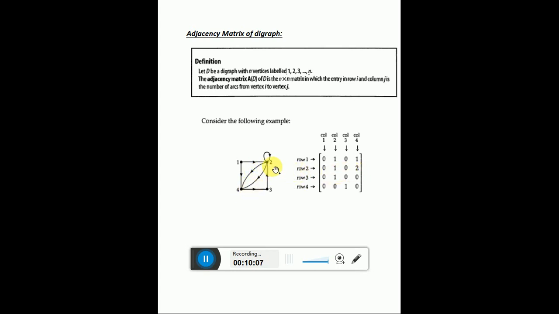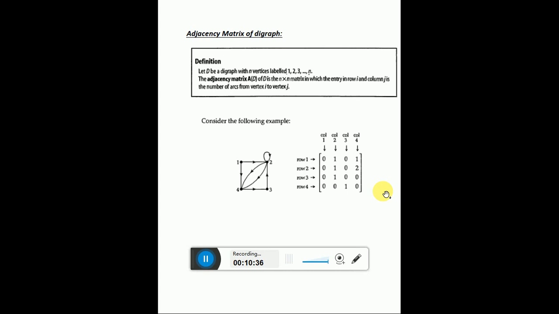So 2 is not joined with 3 because the direction 2 to 3 is reverse. In a similar way, 3 is joined with only the vertex 2, and similarly the vertex 4 is joined with only 3 because all other arcs have the reverse direction.